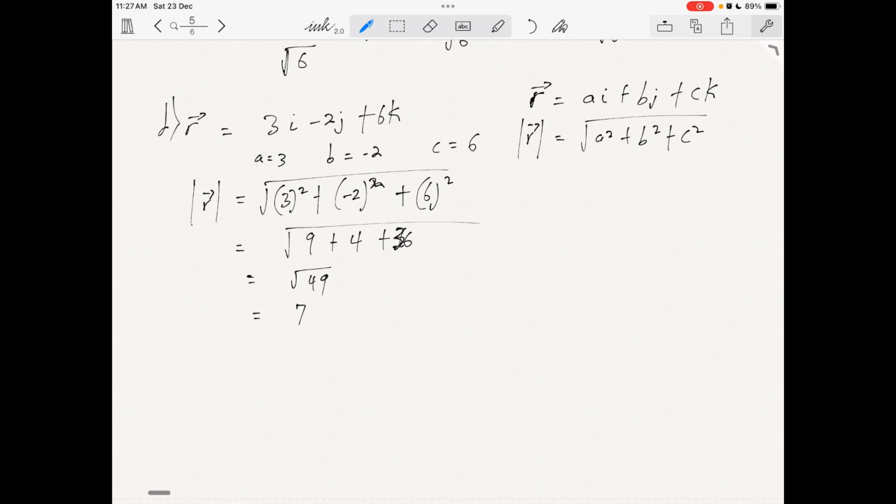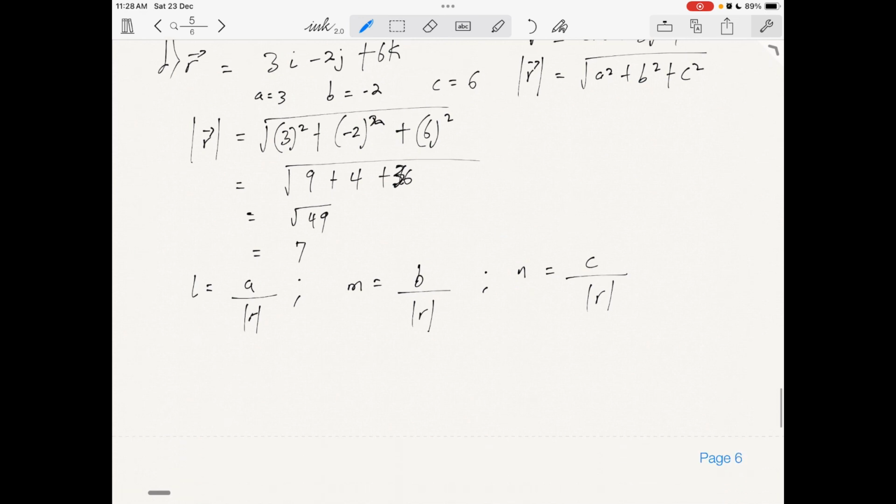We know that l is equal to a divided by the modulus of r, m is b divided by the modulus of r, and n is c divided by the modulus of r.